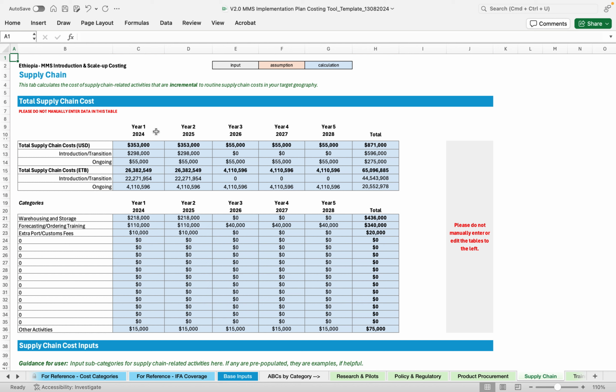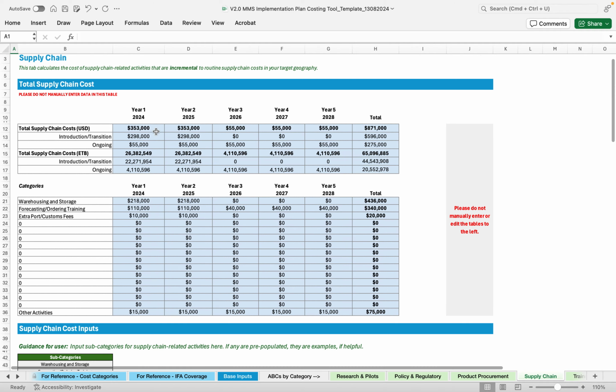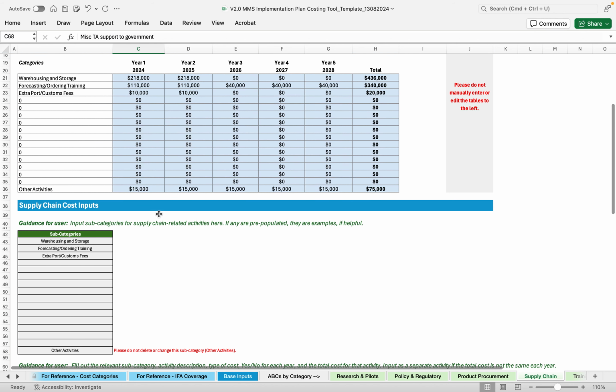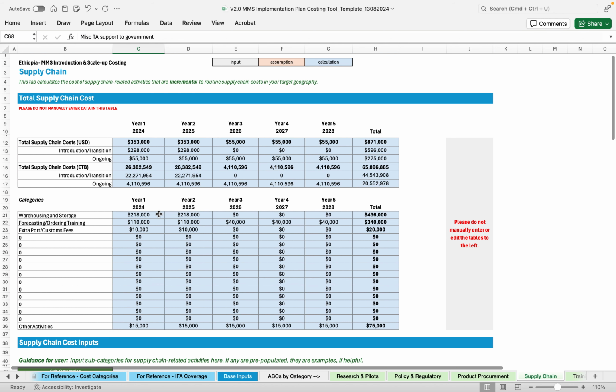These are incremental costs to introduce and scale up MMS successfully in your country. So for example, this might be extra warehousing and storage, forecasting and ordering training, extra port or custom fees that can be estimated, technical assistance support to the government. We've put in some examples, but again, these are incremental costs to routine costs in the country.